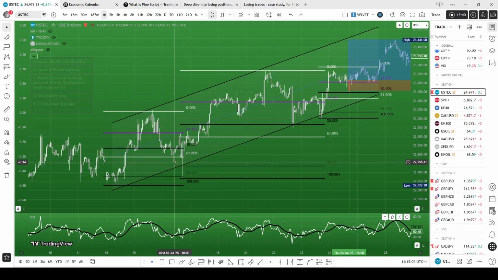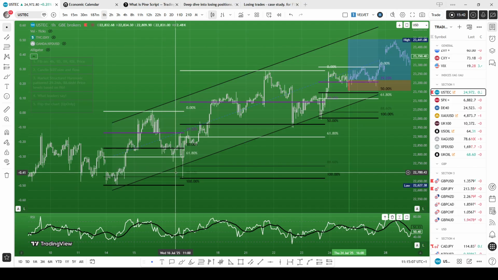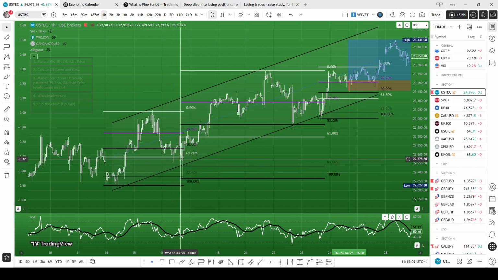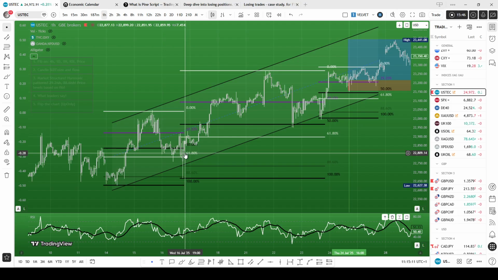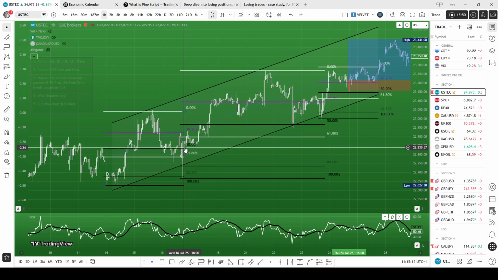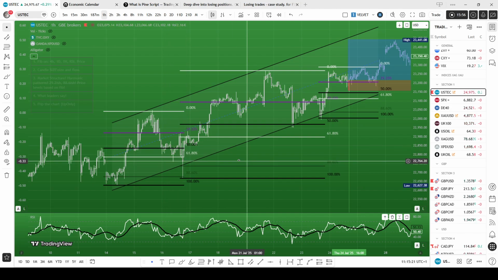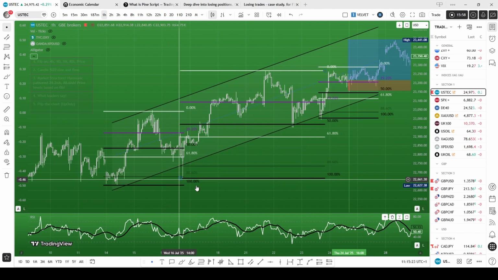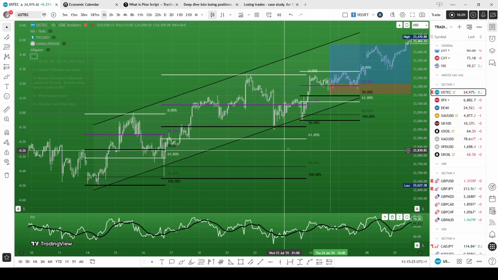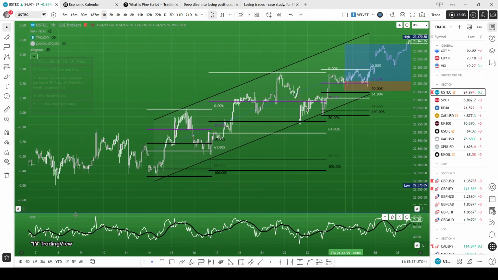But right now you have to actually build a strategy around this kind of behavior. So if you see disrespecting 61.8, then you would probably expect some kind of outbalance on the Forex, not on a Nasdaq.